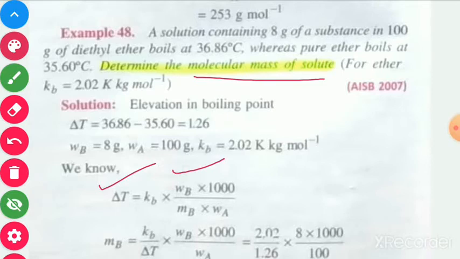Here 1000 is taken because the mass of solvent is in gram, so to convert into kilogram we are taking 1000. Wb is the mass of solute, that is given 8 gram. Wa is the mass of solvent, also given in the question, that is 100 gram. Mb, the molar mass of solute, we have to find out.